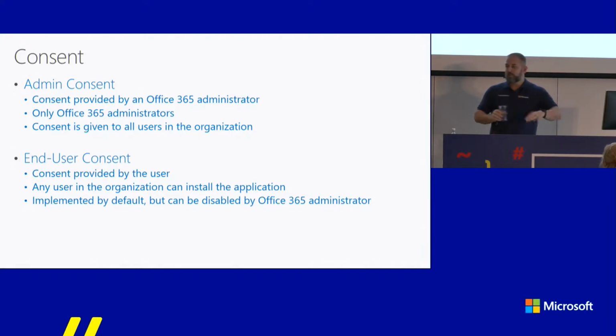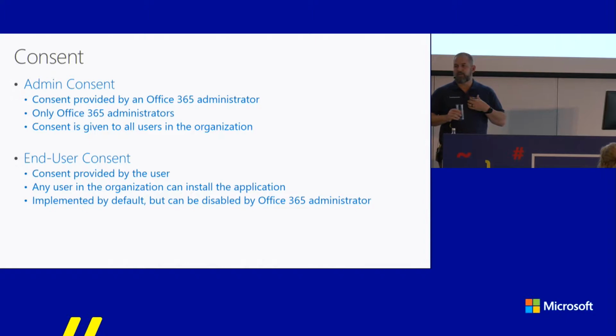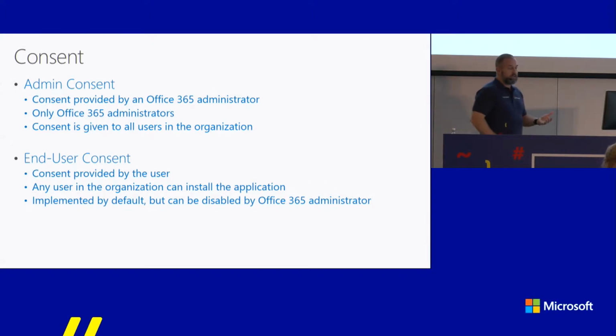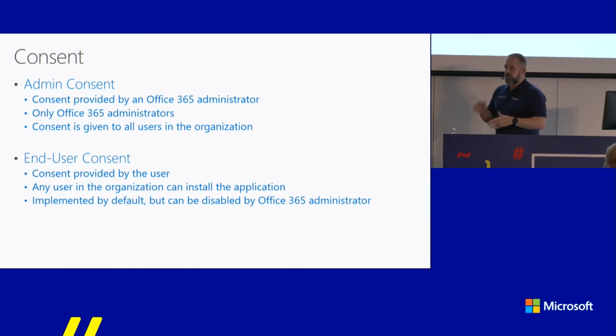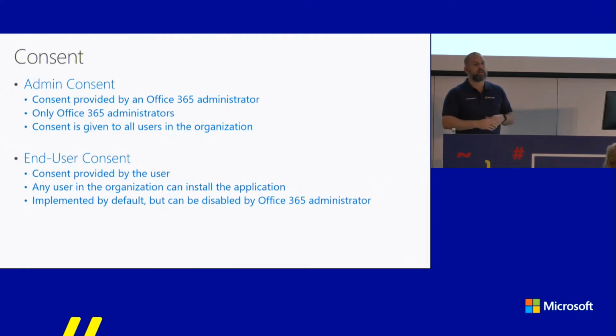End user consent is what you're going to see me do in the demos today. That's where I'm giving specific consent to an application to access my profile or send email on my behalf. Any user in the organization can install and run the application by default, but an Office 365 administrator can turn that off if that doesn't fit within the guidelines of the specific organization.